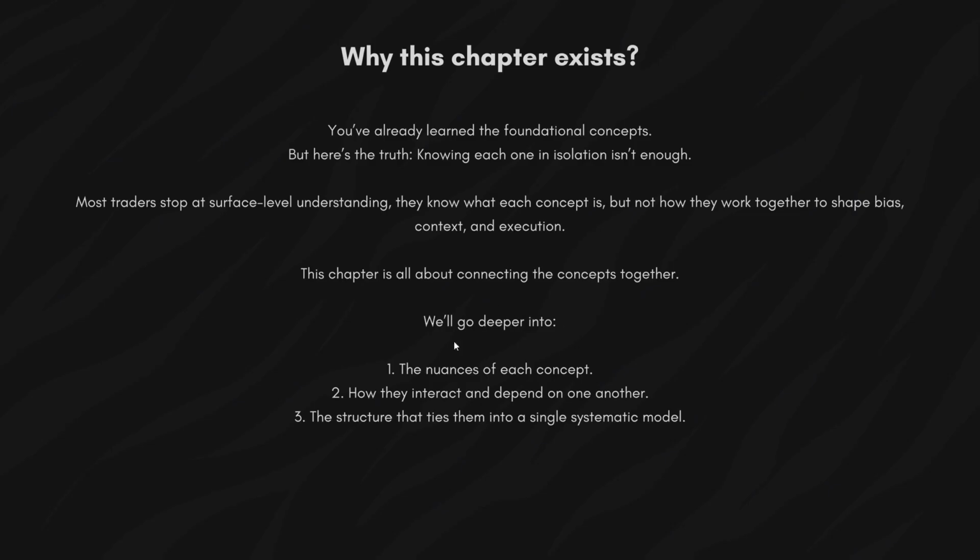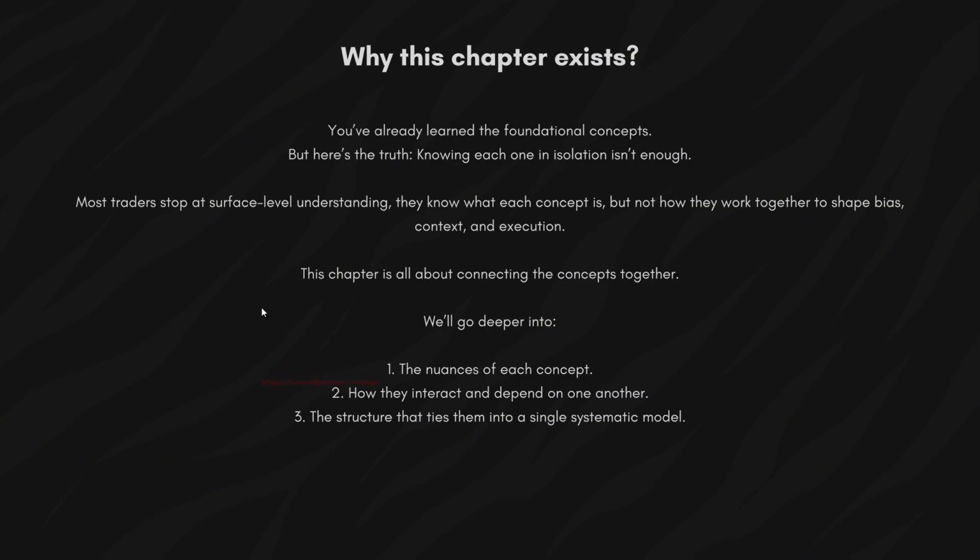And within this chapter, we will dive deeper into how these concepts interact with each other, the nuances of these concepts, how they are dependent on one another, and more importantly, we will discuss the structure and the frameworks that tie all of those concepts together into a single systematic model which you can actually execute, and something that's actually consistent and mechanical with proper rules and proper frameworks and logic behind it. Okay, that's going to be the objective of this chapter right here.